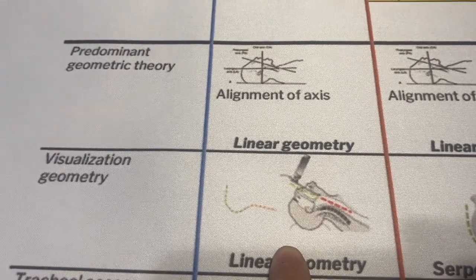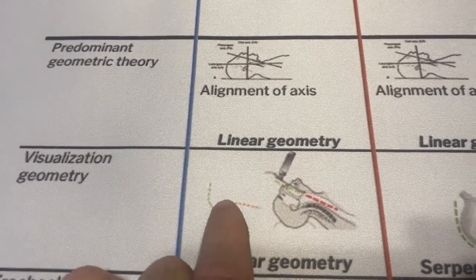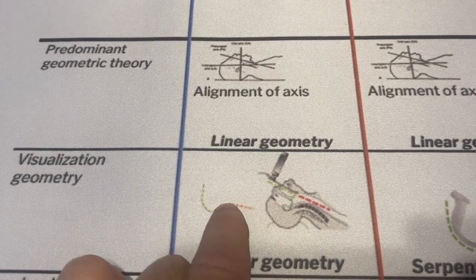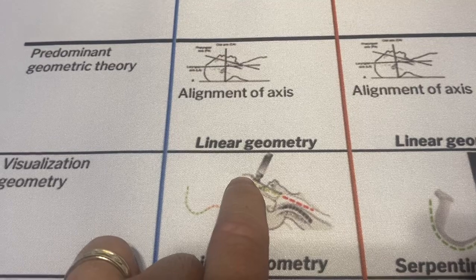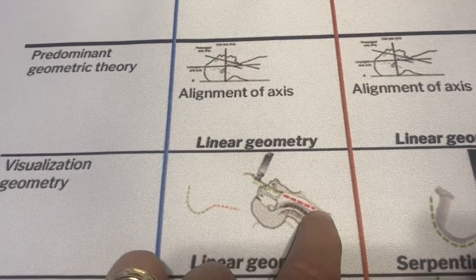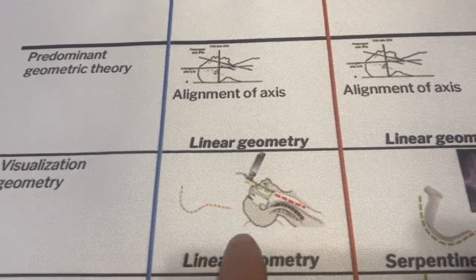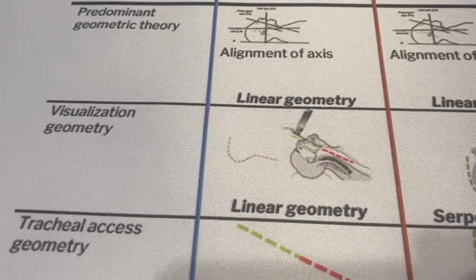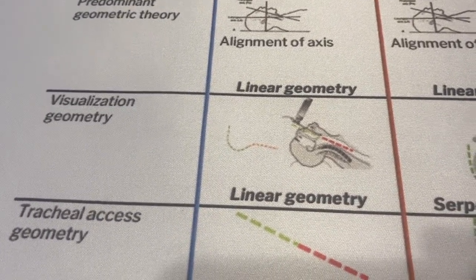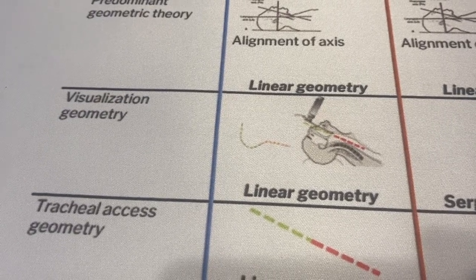Visualization. A direct laryngoscope flattens the first curve, eliminates the inflection point by lifting the jaw and tongue, and that creates a straight line to the vocal cords. And that's how we see the vocal cords, is direct line of sight visualization when we're using a direct laryngoscope.